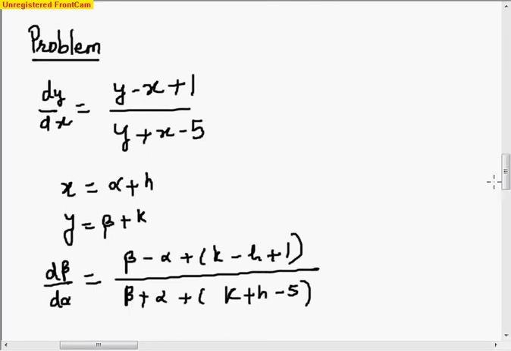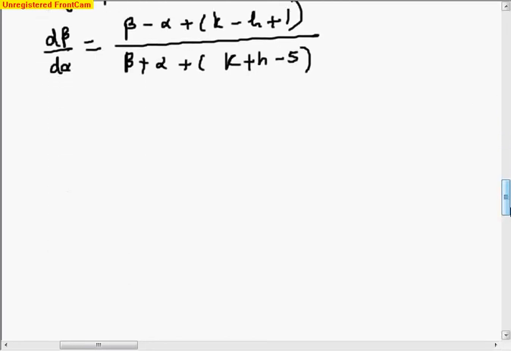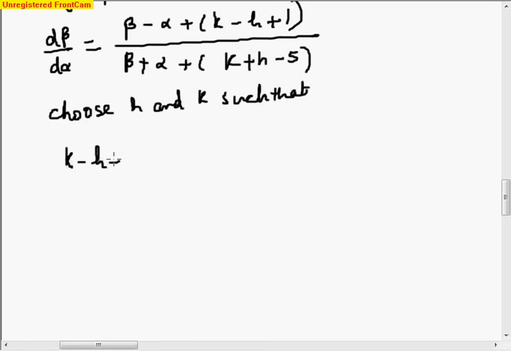Now choose your h and k such that k minus h plus 1 is equal to 0 and k plus h minus 5 is equal to 0.